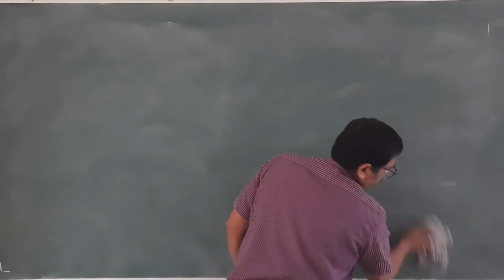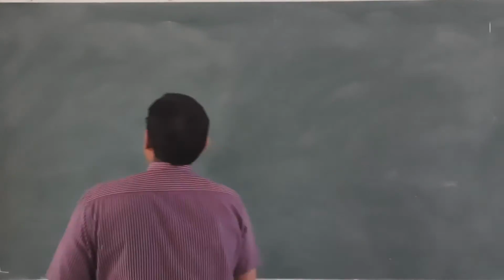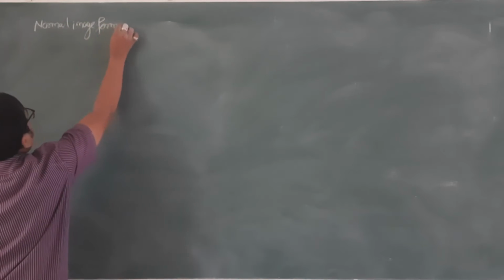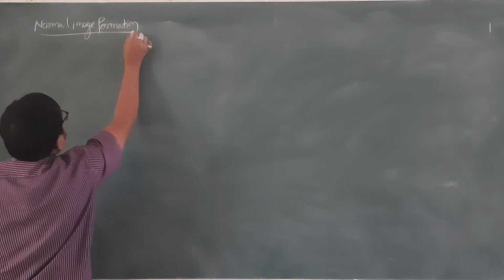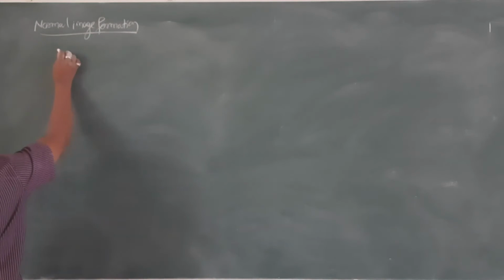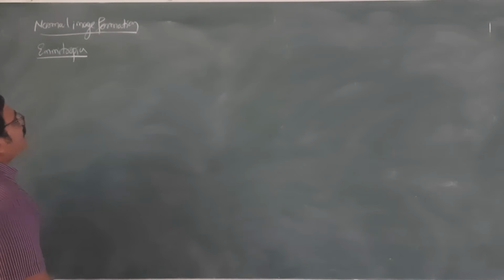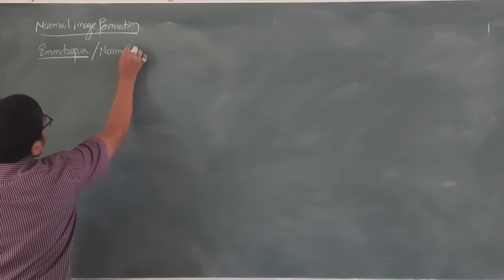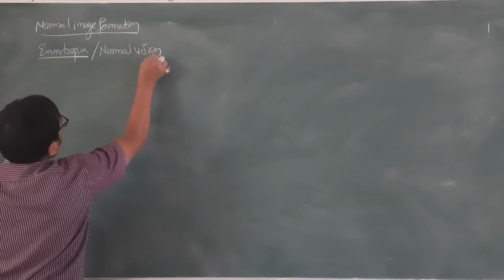So in the Hypermetropia as such, let me mention here normal image formation, where the image is formed in fact on the retina, and it is called mainly Hypermetropia. Okay, normal image formation is also known as normal vision.